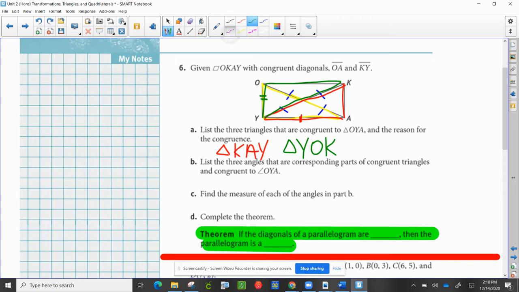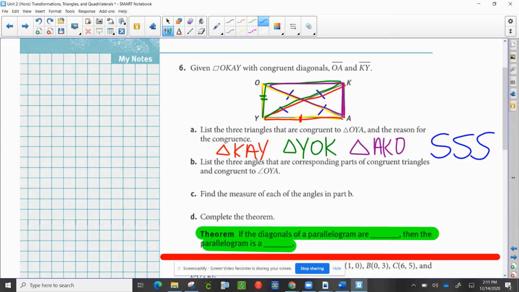The last one that is also congruent to those triangles is triangle AKO. This is getting messy here, but AKO, because again, they have their diagonals that are congruent and they're sharing a side, OA, by reflexive property. So we can say that all of these are congruent to each other by using side-side-side.